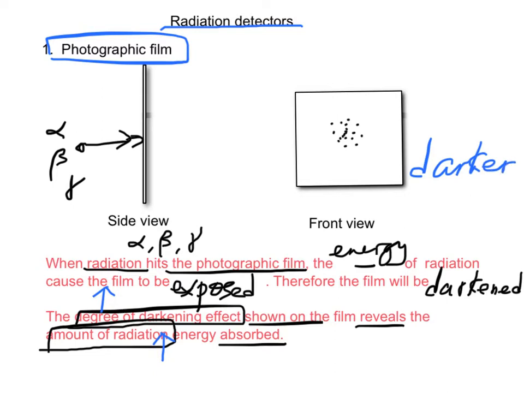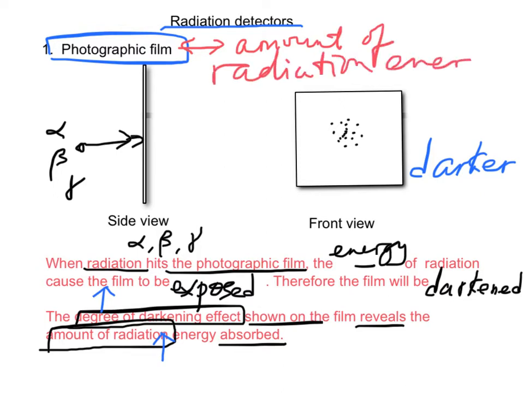As a conclusion, a photographic film is mainly used to measure the amount of radiation energies absorbed.